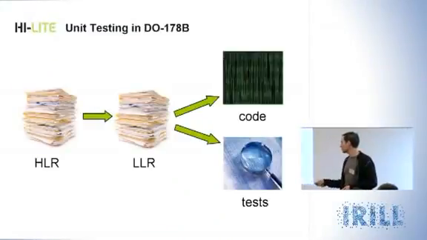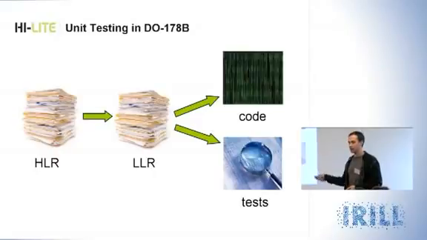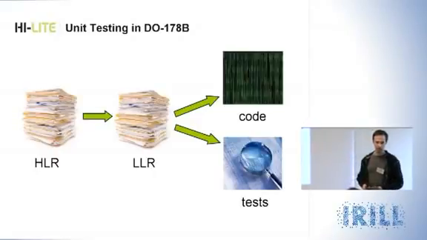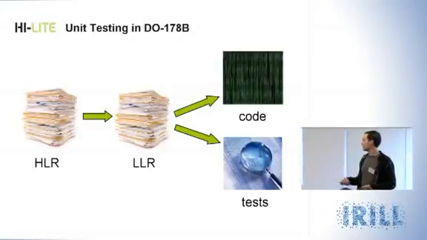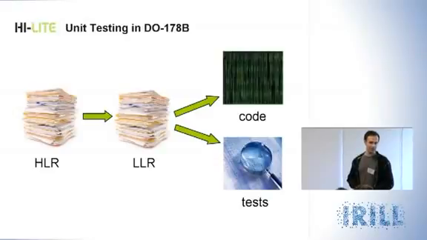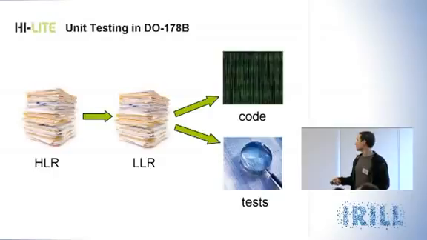So what the standard says is that you must start with high-level requirements on the left, which is a pile of documents in natural language. And you extract from these high-level requirements low-level requirements, which, as their name indicates, are much more detailed. And they are so detailed that you can, in fact, extract some code here, individual functions, from these low-level requirements.